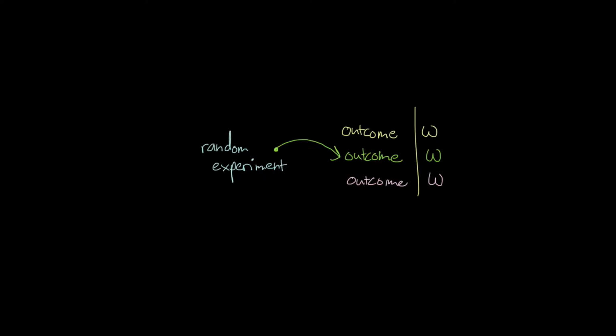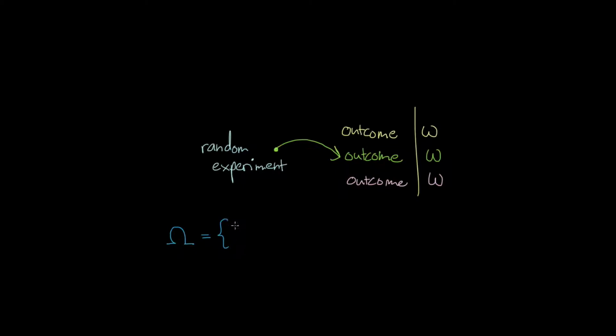Okay. And so we're going to try and get our head around this random experiment as a whole. To do that, we're going to take all of these outcomes and put them together in a set, and we're going to denote it with, this is also omega, this is capital omega.